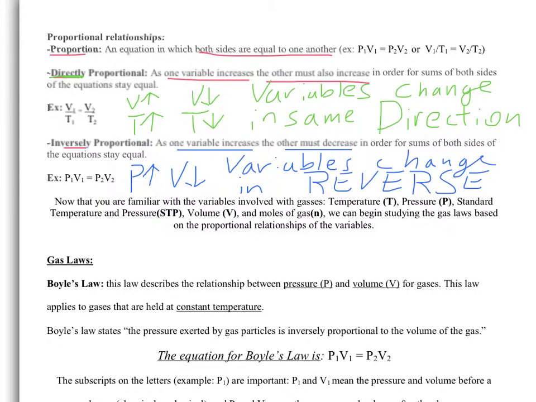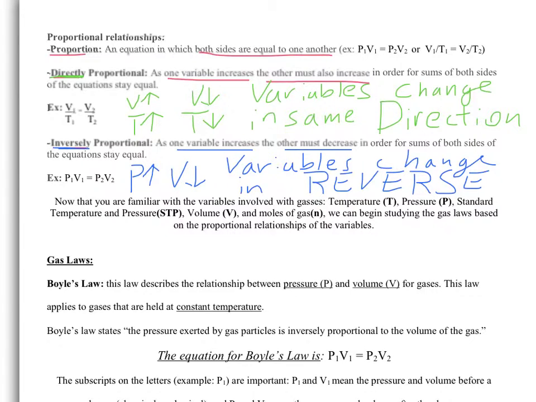You put your car in reverse, right? So they change in reverse. And remember, these are proportional. So if P goes way up, V goes way down. If P just goes a little tiny bit up, then V just goes a little tiny bit down, right? It's proportional relationships.